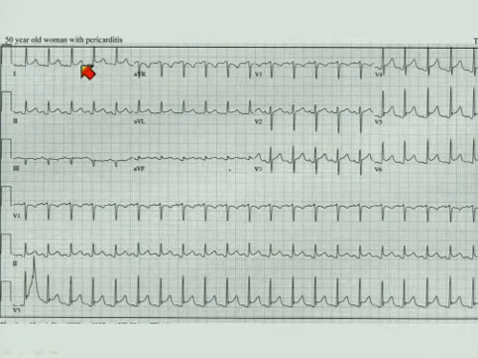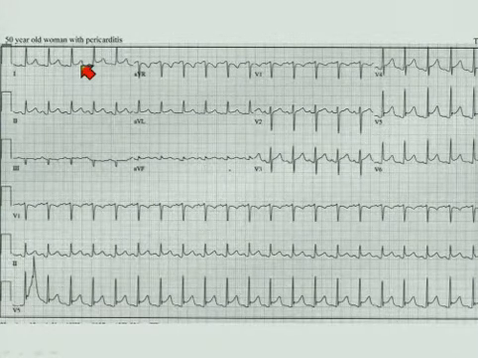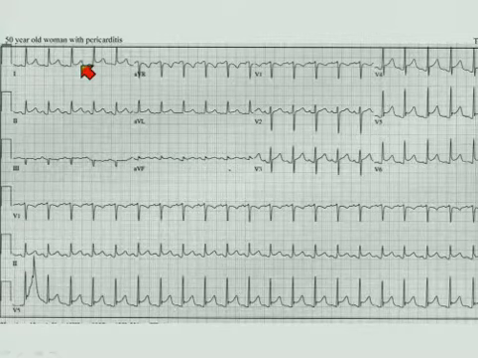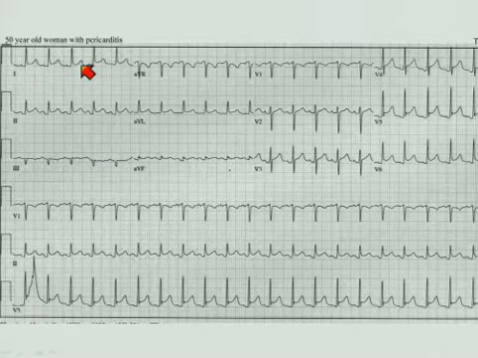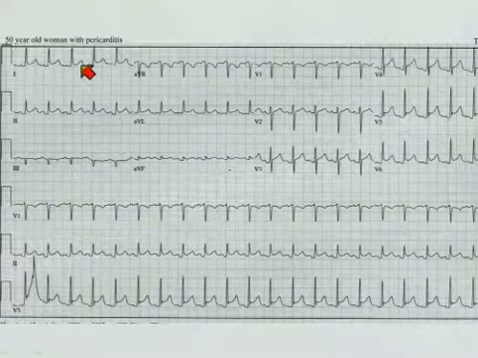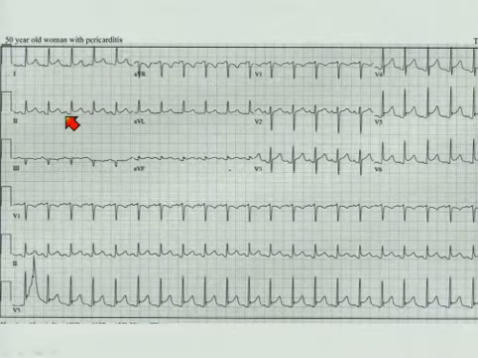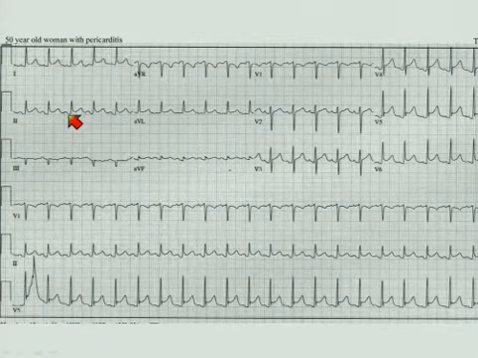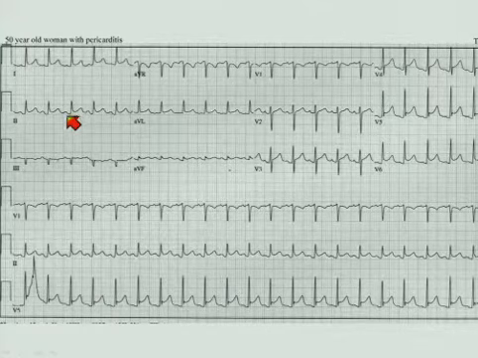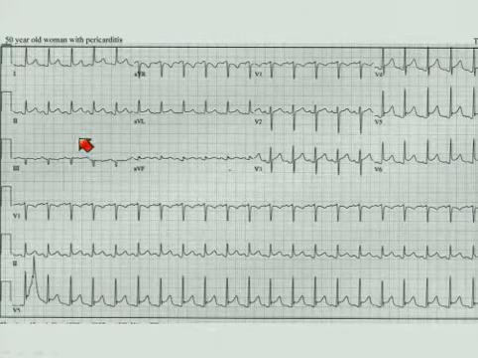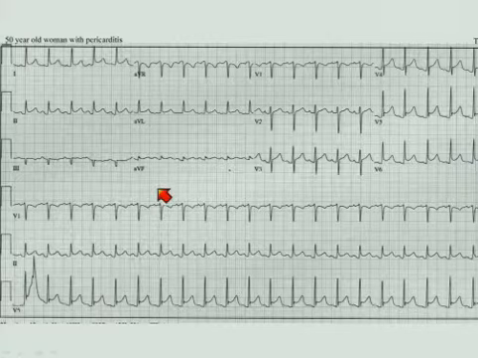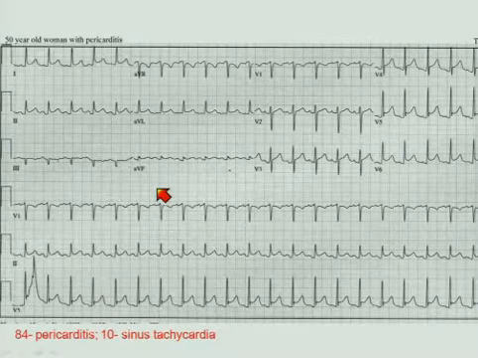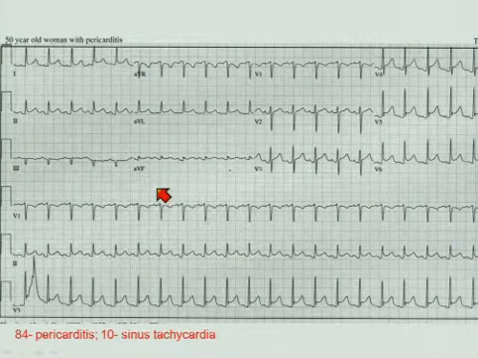This ST elevation probably results from some associated inflammation just under the visceral pericardium and the epicardium, and the TA depression represents the same thing in the atrial tissue, because this is the atrial ST segment. So this is pericarditis, and so on the test I would put 84 pericarditis and number 10 sinus tachycardia.